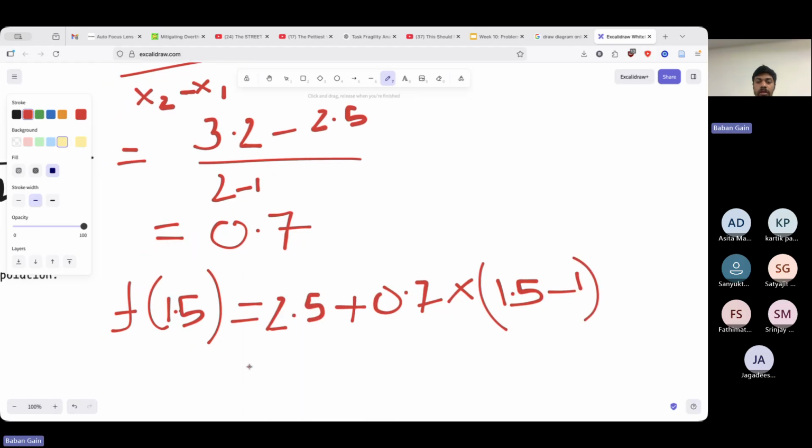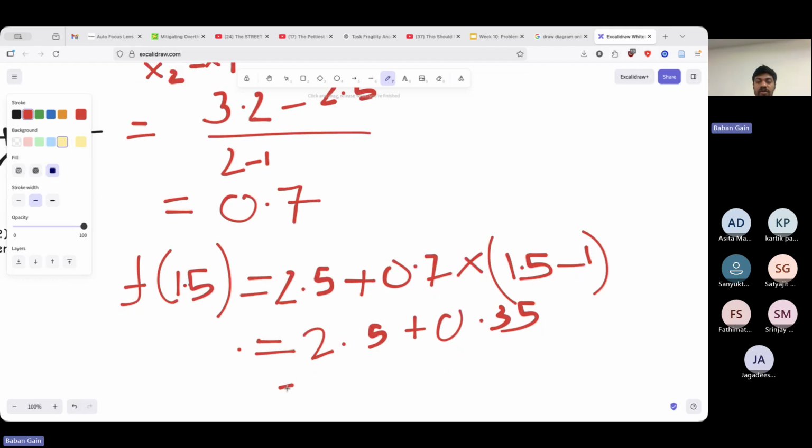So it is like 2.5 plus 0.7 into 0.5. 0.5 into 7 is 0.35. So final value will be 2.85.